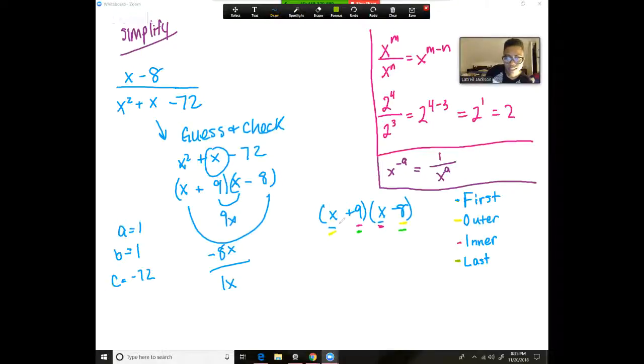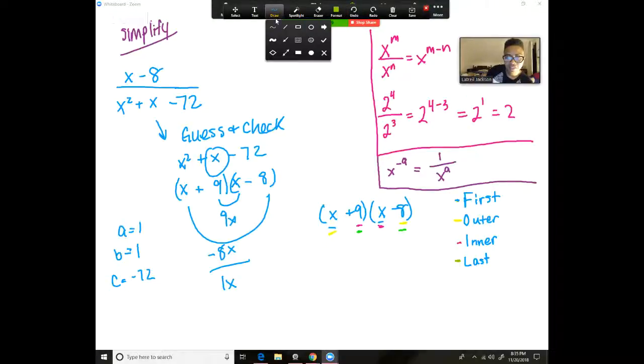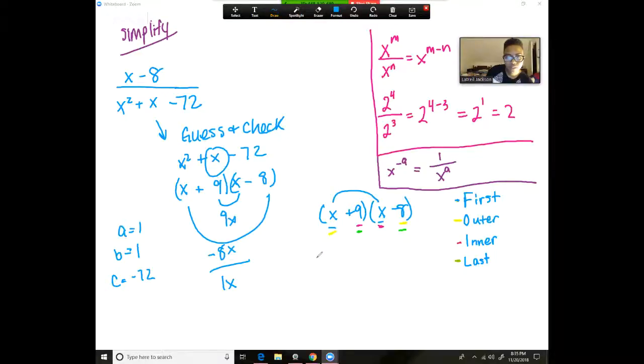So now let's multiply. First, outer, inner, last. Outer is yellow, so we're multiplying x and negative 8, which gives negative 8x. And then inner is positive 9 and x, which gives 9x.